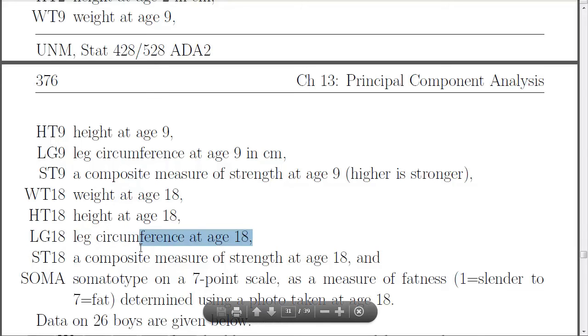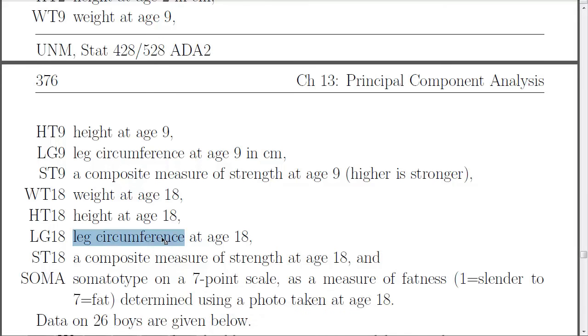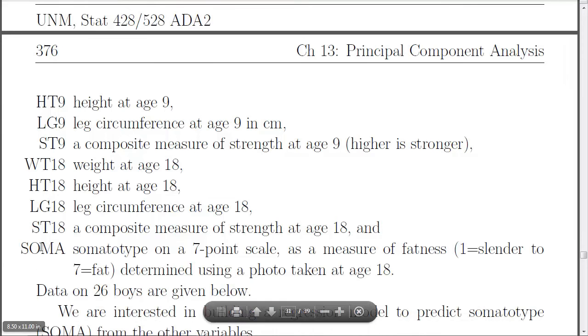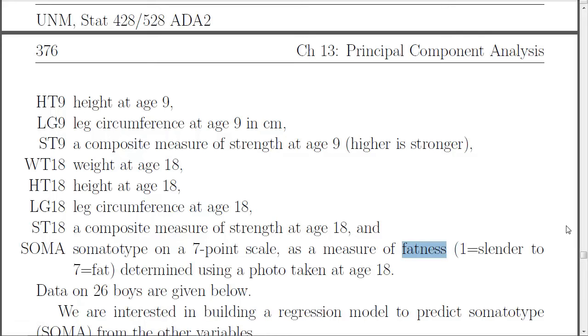So in some ways, leg circumference is going to be related to weight and height in some way. We have this additional variable, soma, and the somatotype is a 7-point scale, which is a measure of a person's fatness. I'm not even aware that this type of measurement is used anymore.